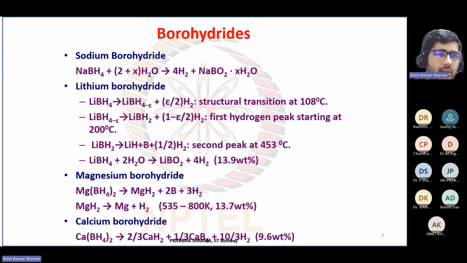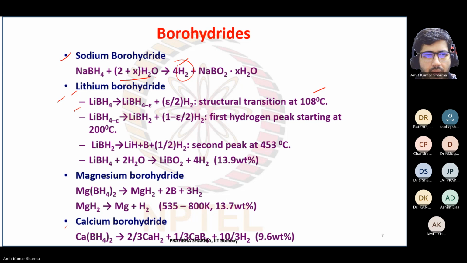Then borohydrides. In borohydrides, you can see sodium borohydride, lithium borohydride, magnesium, and calcium. Here they react with water and release hydrogen. Here lithium borohydride, directly at temperature, there will be some change in the bonding and it liberates hydrogen.